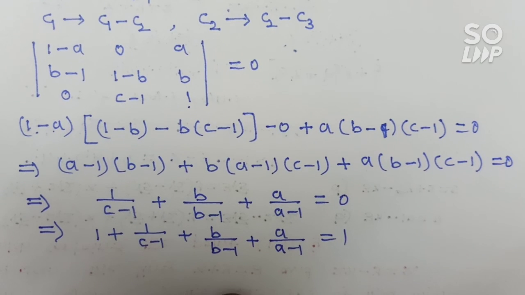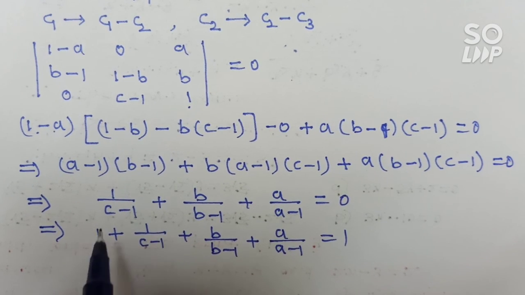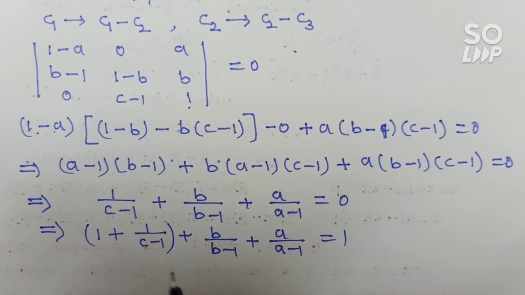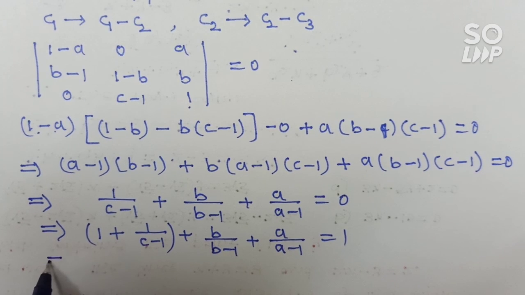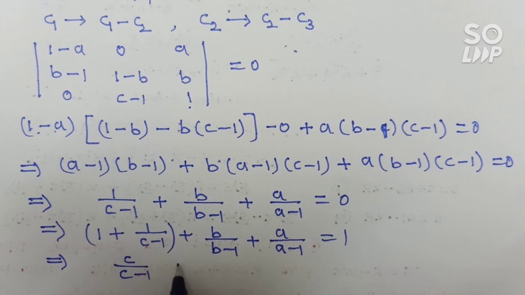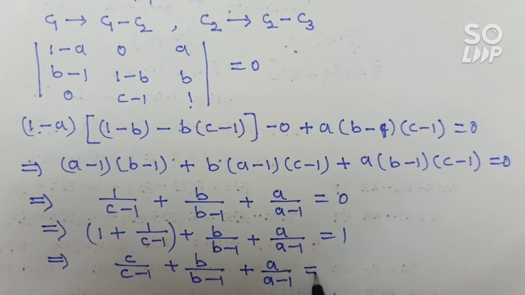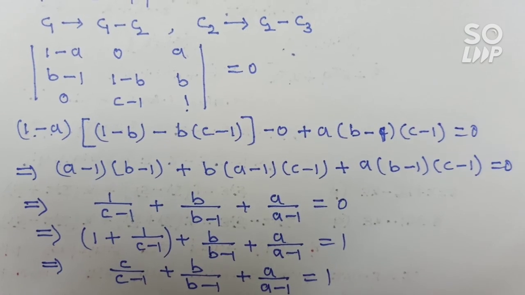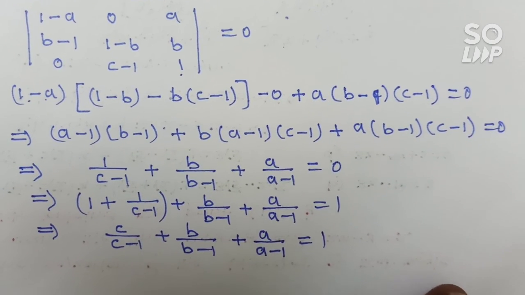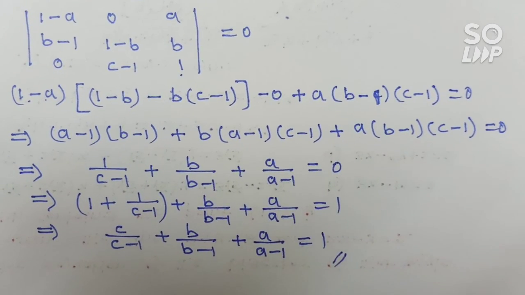In the first term, by taking the LCM, this becomes c by c minus 1 plus b by b minus 1 plus a by a minus 1. So this is the required value, and the required answer is 1.